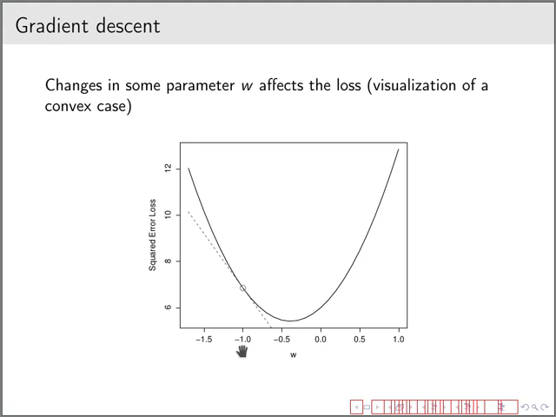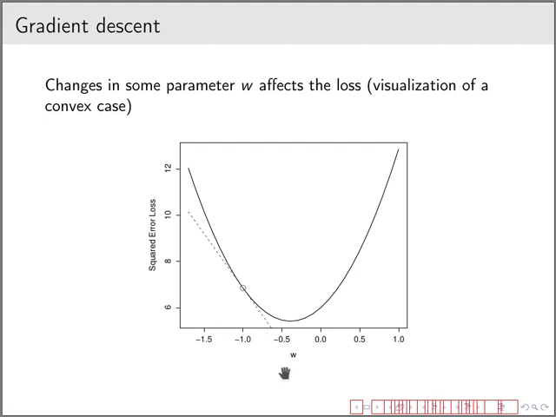How can I improve that? I compute the derivative, and the tangent line is drawn here using this dashed line. This means that the derivative is negative, because the slope here is negative.